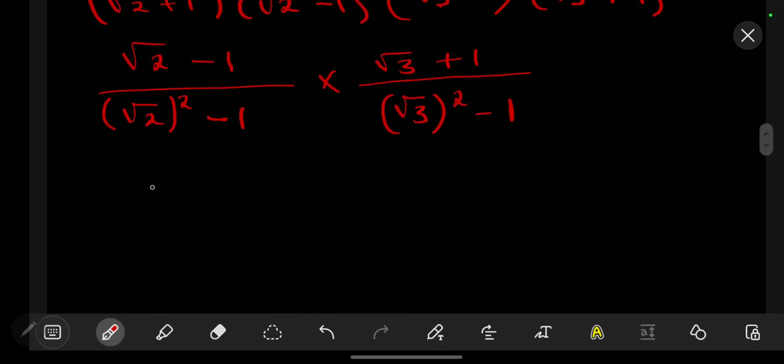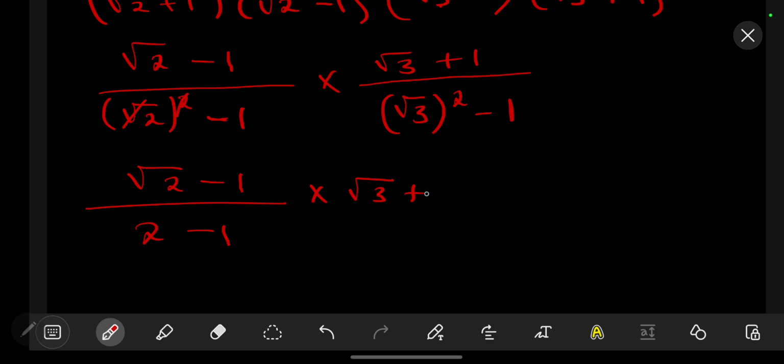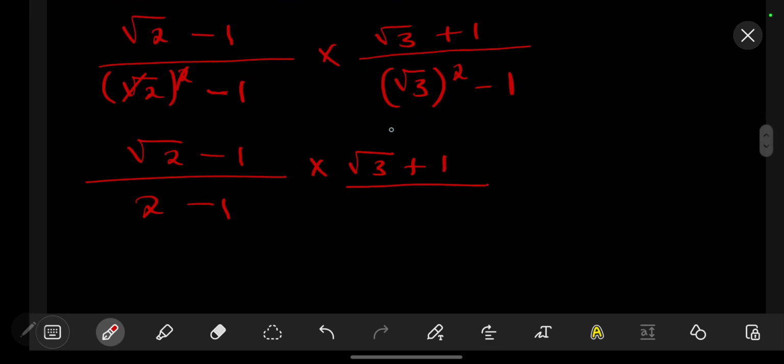Then simplifying things, we are going to have the square root of 2 minus 1 over this one, and this one will go. So we are going to remain with a 2 there. Then we have minus 1. Then we have times the square root of 3 plus 1 over, we have square root of 3 squared will be equal to this one, and this one will cancel.